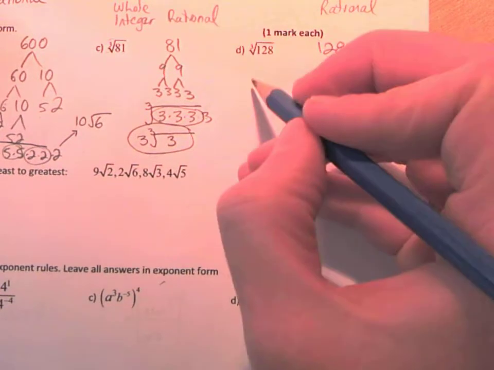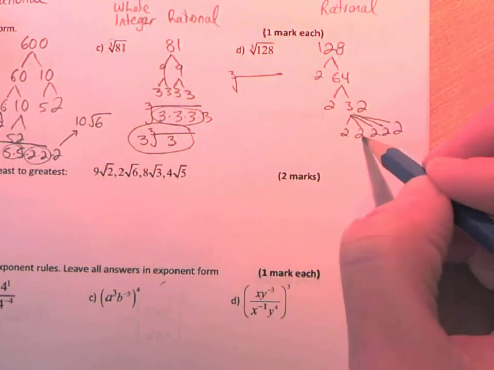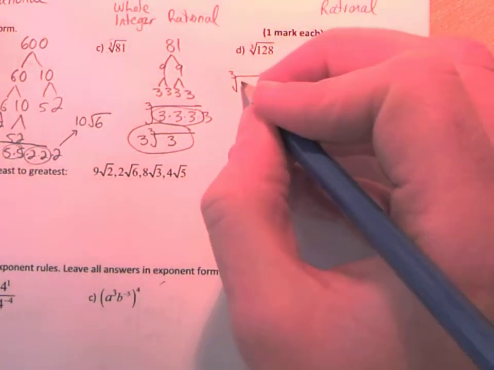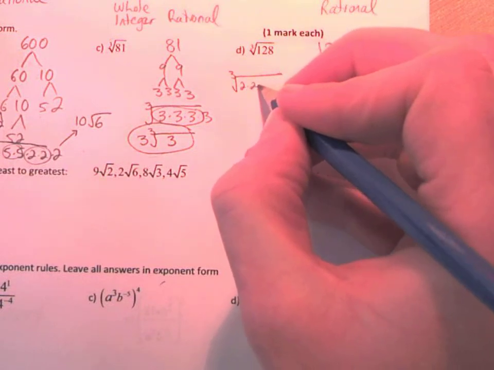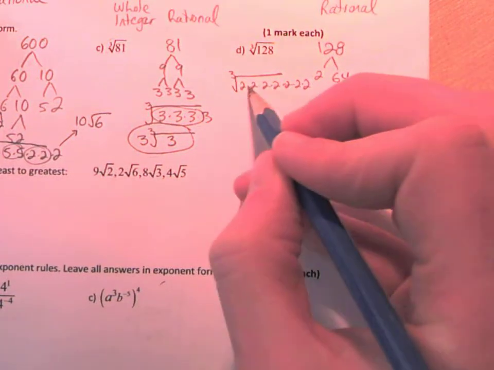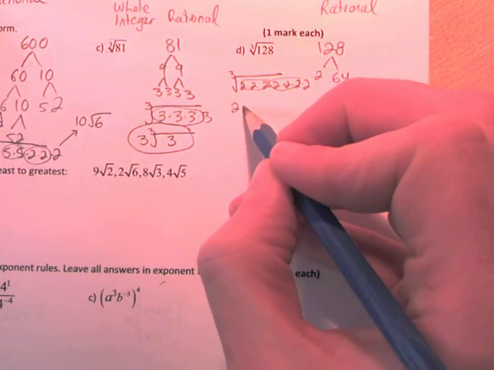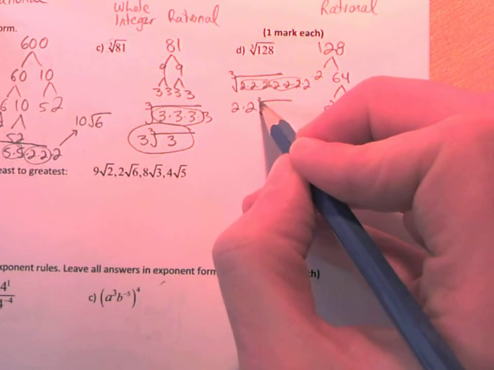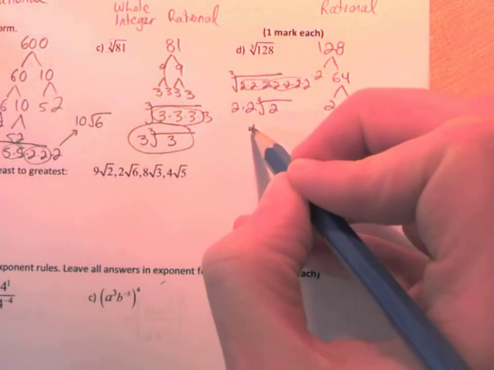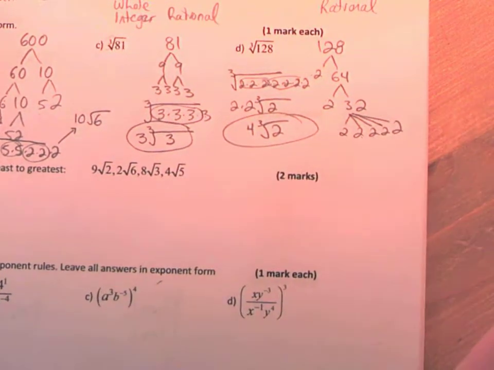So overall I have the cube root of 1, 2, 3, 4, 5, 6, 7 2's. So we can take out 3, 3, and there's 1 left over. So 2 times 2, cube root of the 1 left over. So it's 4 cube root of 2. Okay, so that's the answer for D.